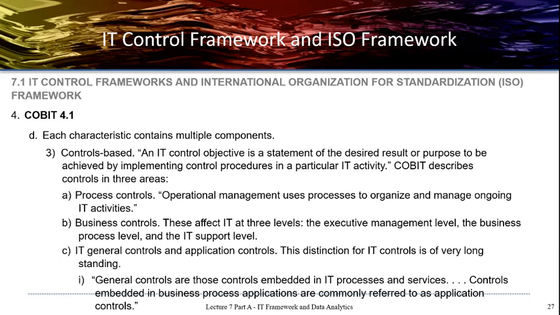Process control: operational management uses processes to organize and manage ongoing IT activity. Business control: these affect IT at 3 levels, the executive management level, the business process level, and the IT support level. And IT general controls and application controls.